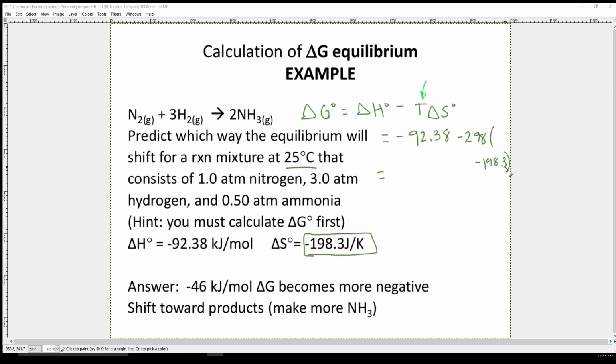Let's get rid of this. Negative 0.1983. All right, let's try that one more time.